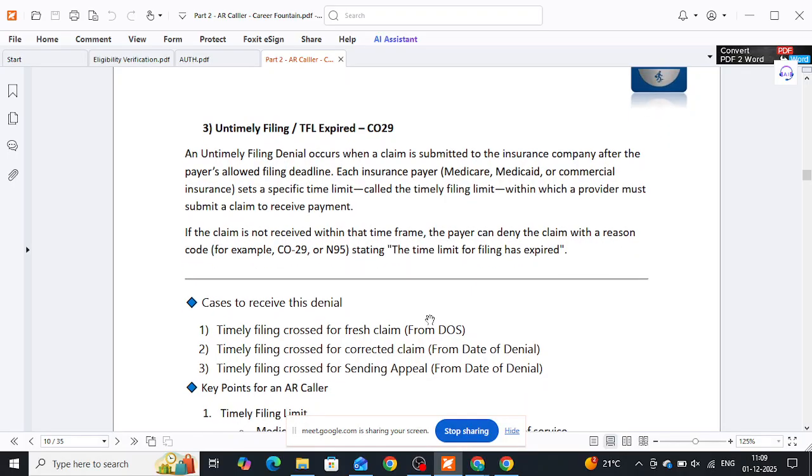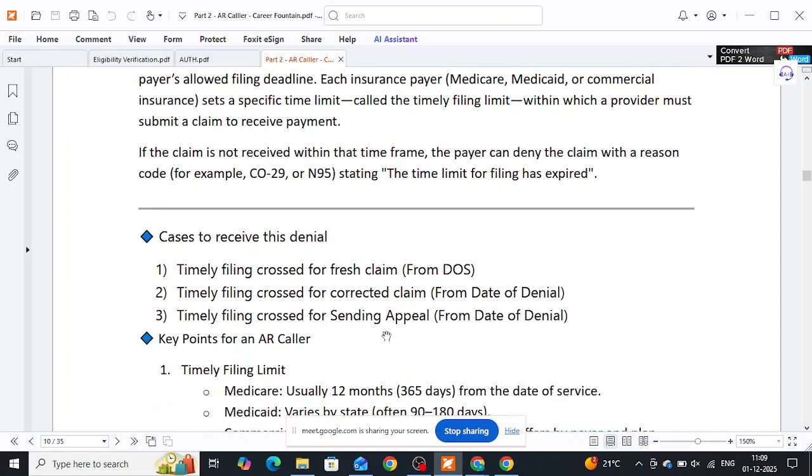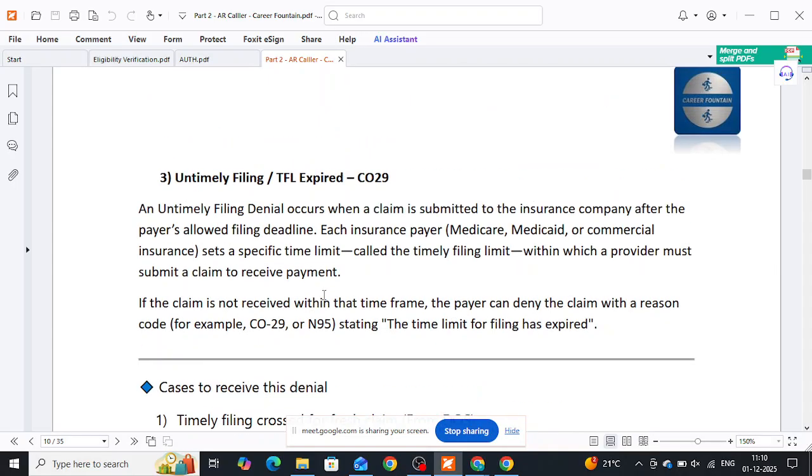Whenever we bill a claim to an insurance company for the first time, there is a time frame calculated from the date of service. When we bill a claim after doing some correction, in that case also, for sending a corrected claim, we have a timely filing limit.